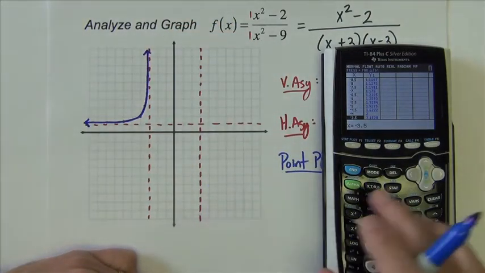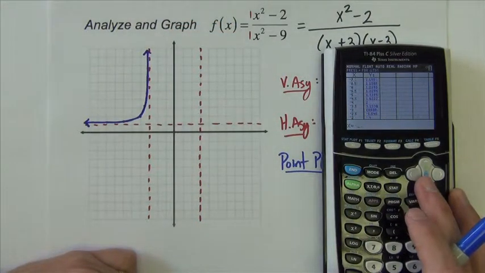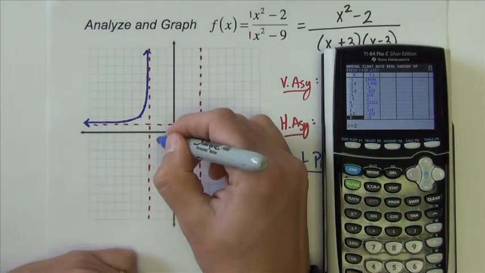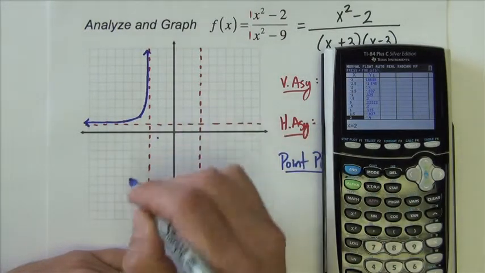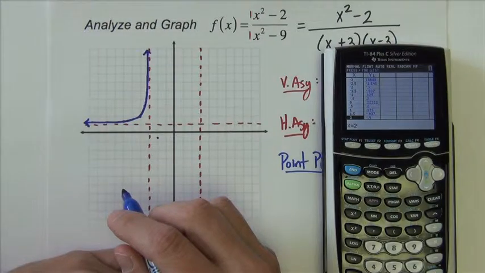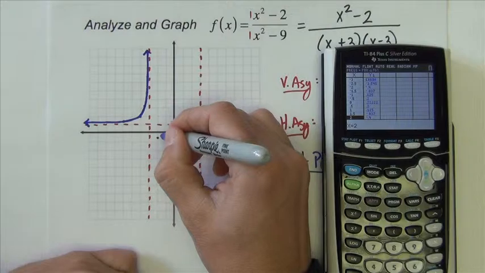Okay, so there's that one. I'm going to look between the asymptotes, so I'm just going to look for some easy points to plot. Sometimes it's difficult to do. See, negative 2 is negative 0.4. Negative 1.5 is just about 0.